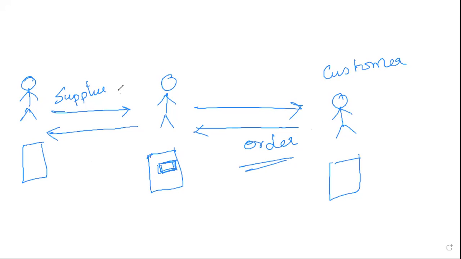If he supplied initially 100 bags and 90 bags are sold, he can know 10 bags are pending. So while coming to this fellow, he can bring extra bags, reserved for this guy. This is the concept.